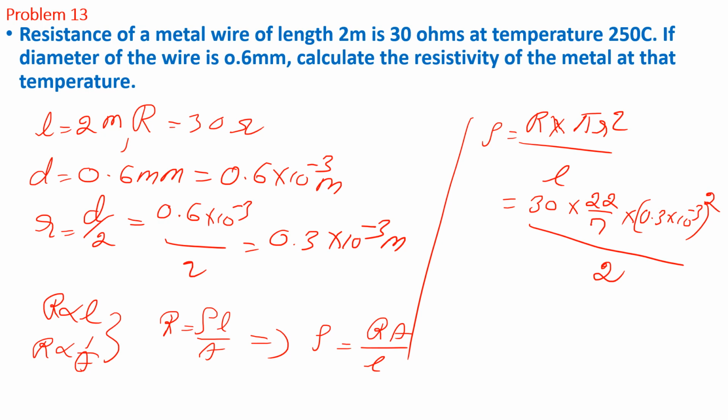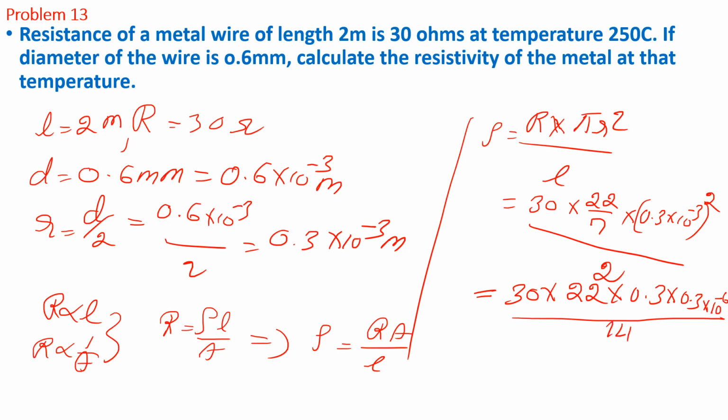So I can write 30 into 22 into 0.3 into 0.3 into 10 to the power minus 6, it is actually, divided by 7 into 2. 7 into 2 is 14.